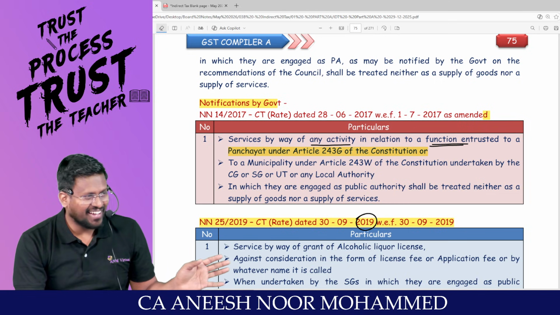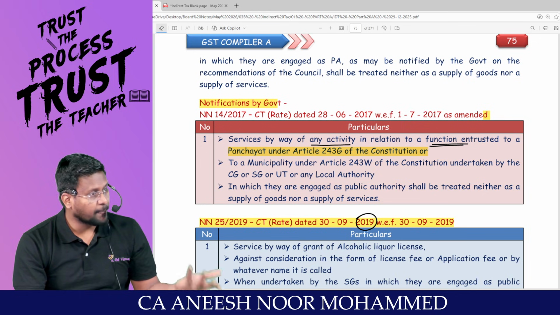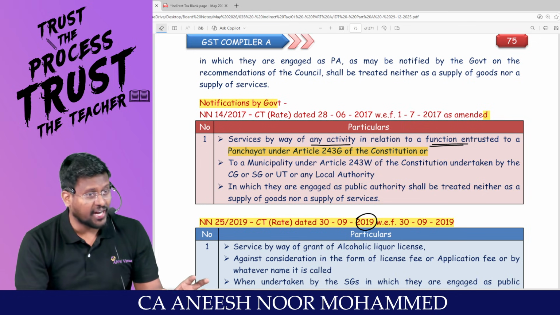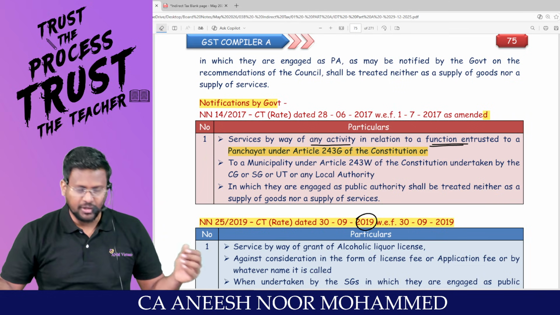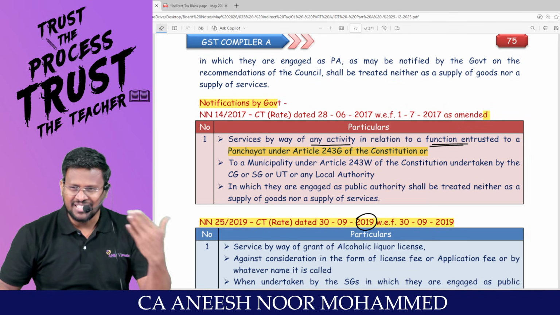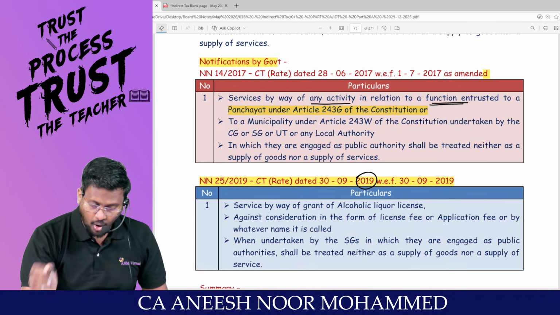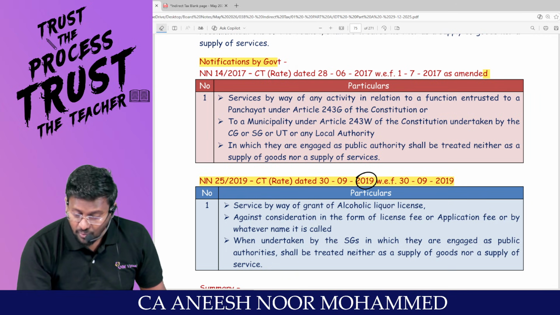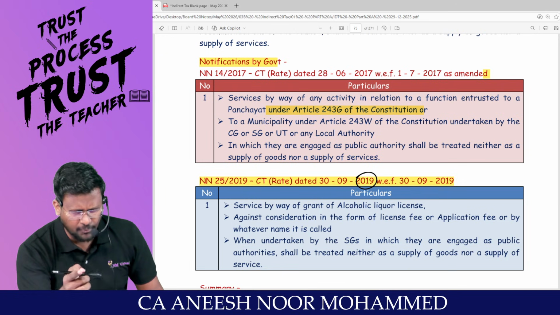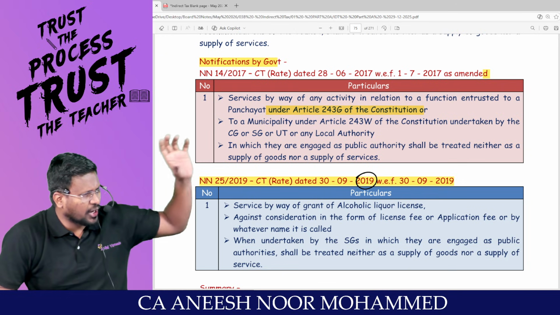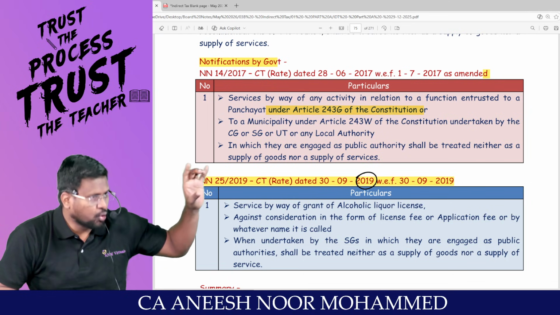Correct? Sir, why are they doing it? Because it is the responsibility of the panchayat to keep the area pollution free and mosquito free. People should not be affected by dengue and such diseases. So all these activities are covered in Article 243G of the Constitution. We have the Constitution of India, and in that, one of the articles is called Article 243G.